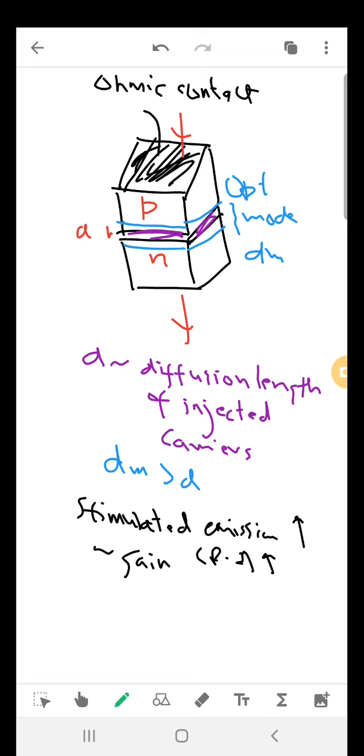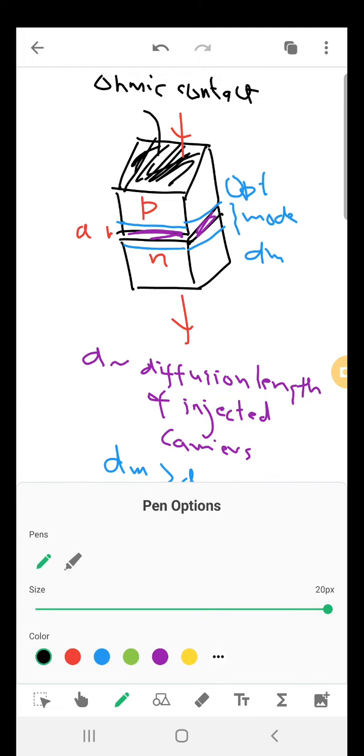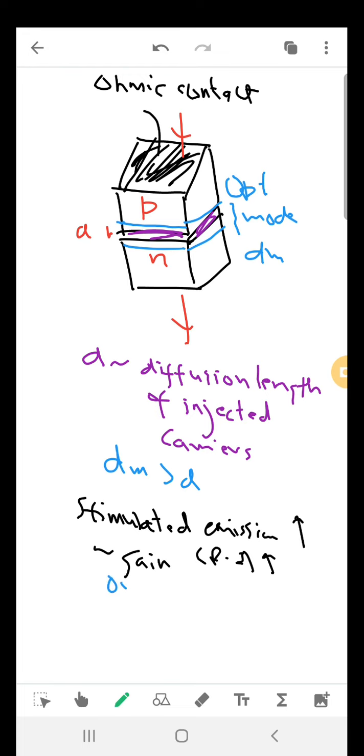Now, as the rate of the stimulated emission increases in the active region, the round trip gain in the cavity overcomes losses and the lasing commences. So the injection current at which this occurs is called threshold current. So there has to be some injection current where the stimulated emission increases and overcomes the losses and we get lasing action.